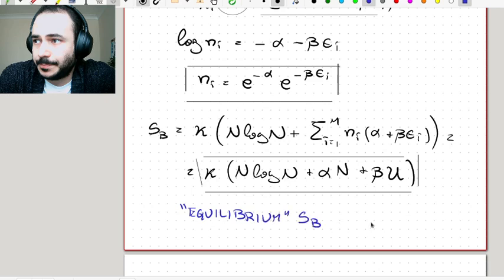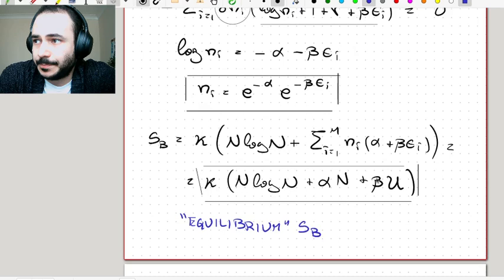S_B. Okay, so what comes next is a series of observations about this. The first thing we're going to do next is look into this parameter beta. We are going to see that this parameter beta indeed is the inverse temperature.